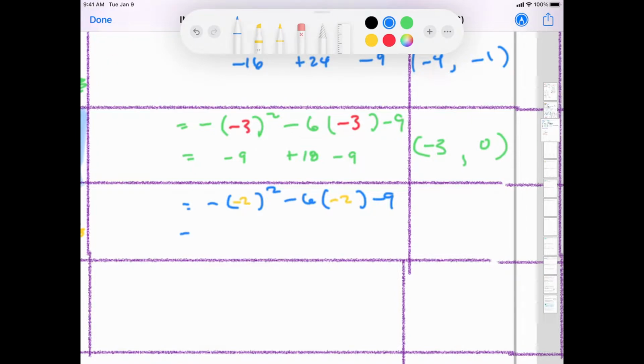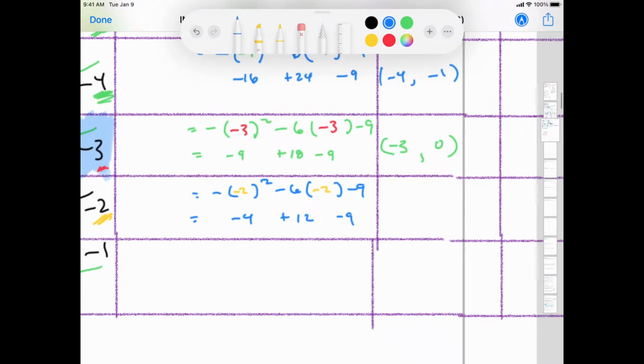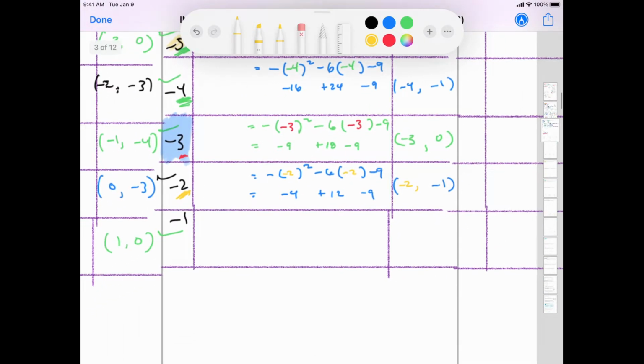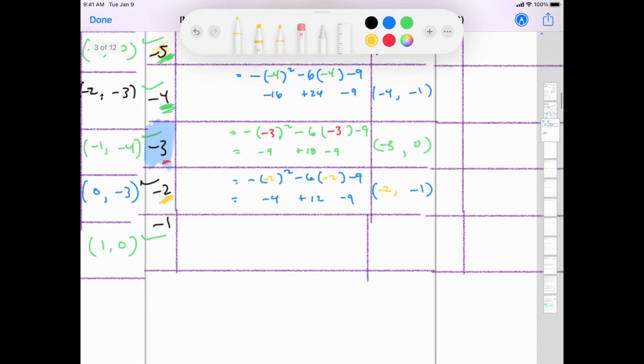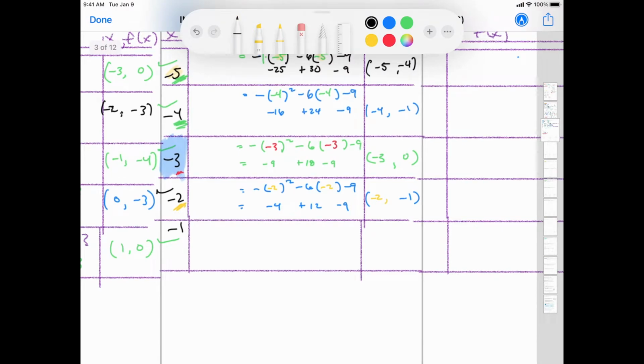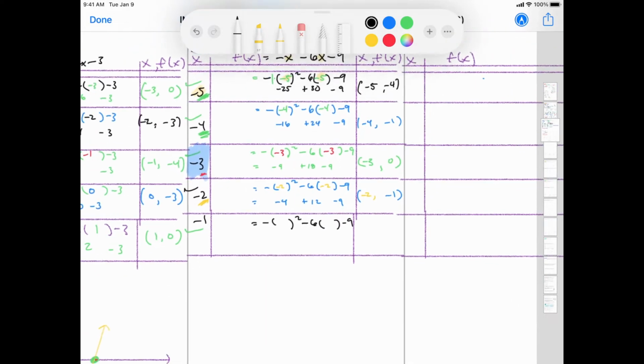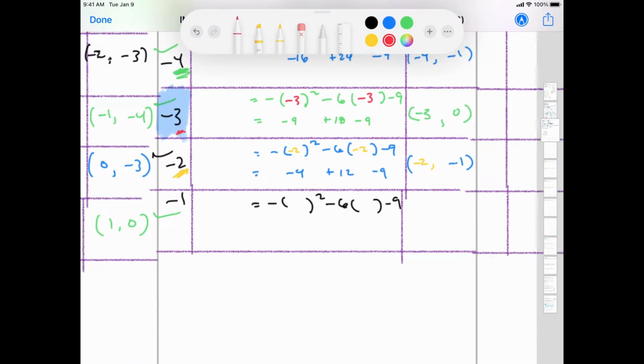So that'll become 4, negative 4, positive 12 minus 9. That'll be 8 minus 9, which is negative 1. And what did I put in there? Negative 2. And our last one, what should we put in there?